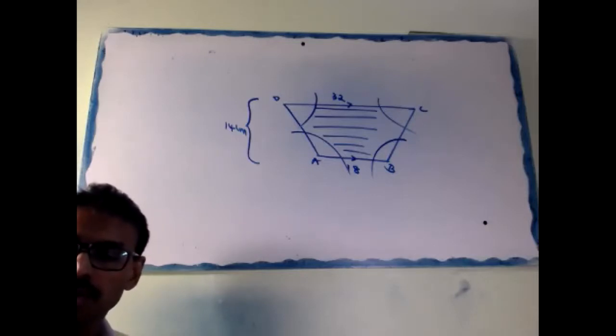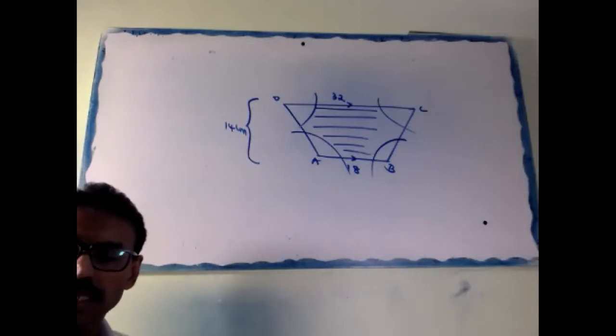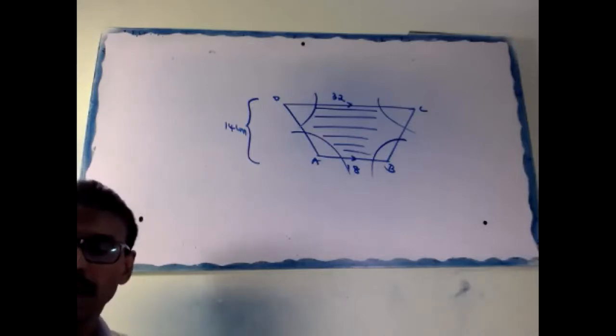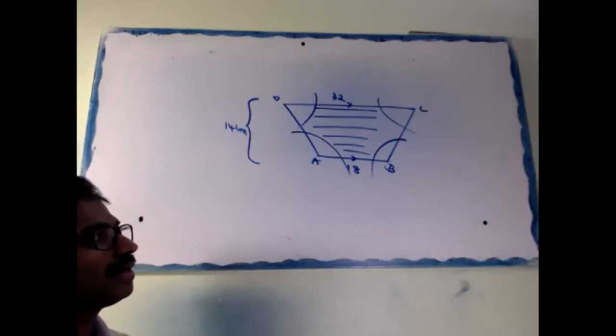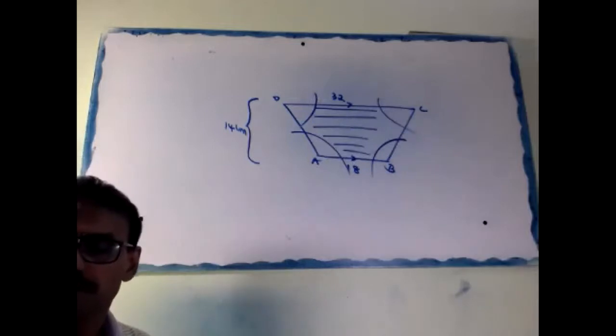Okay, clear now? You can simply do area of the trapezium minus area of 4 arcs. This area, this one, this one, this one. Okay, try now.